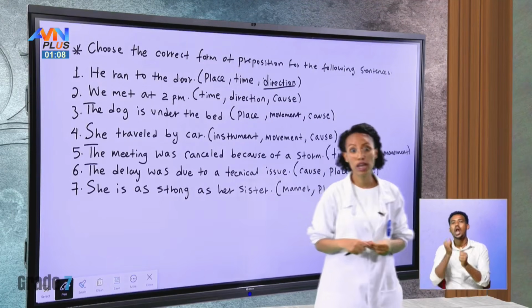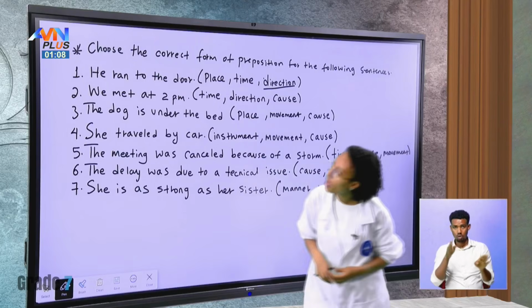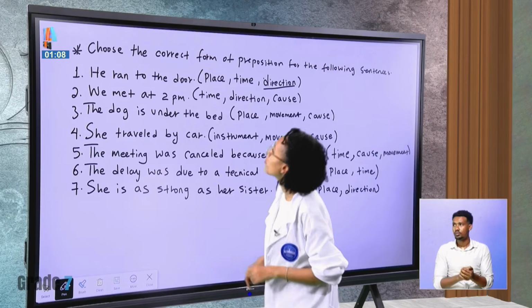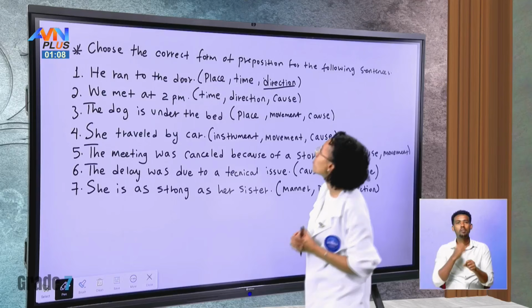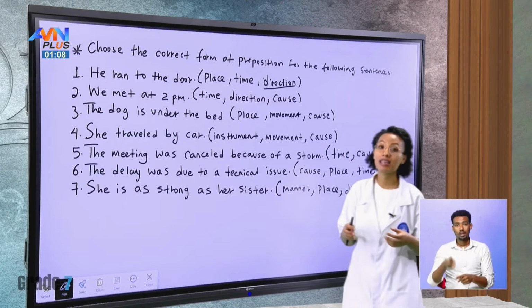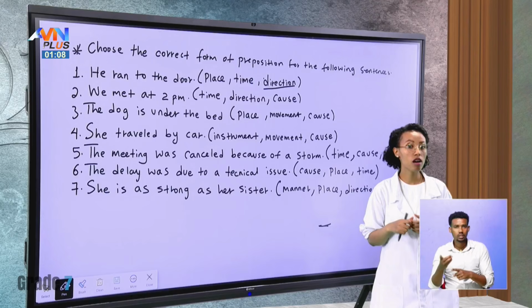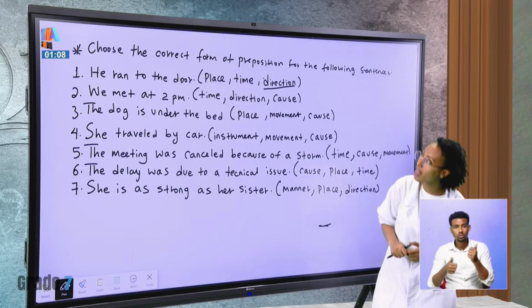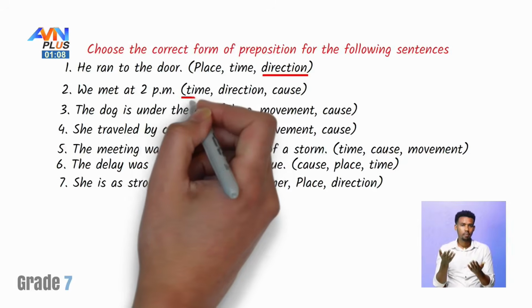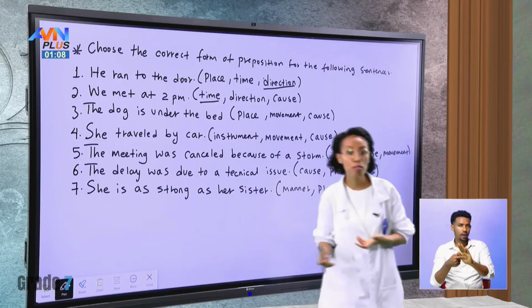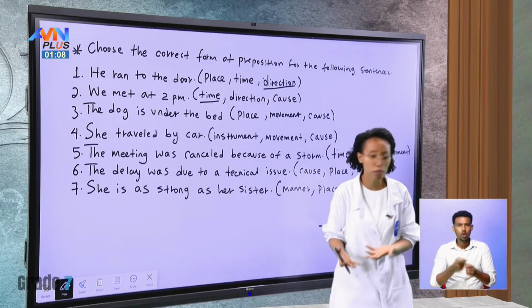Number two, we met at 2 p.m. Is it time, direction or cause? This one is time. It's showing us the time of when we are meeting.